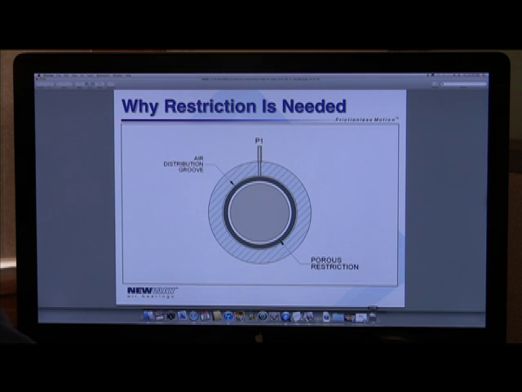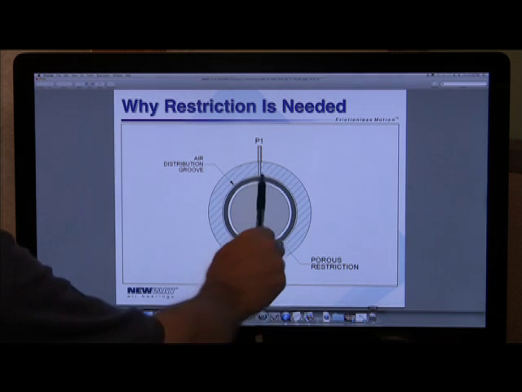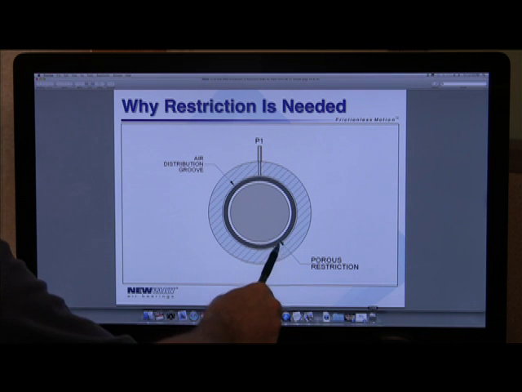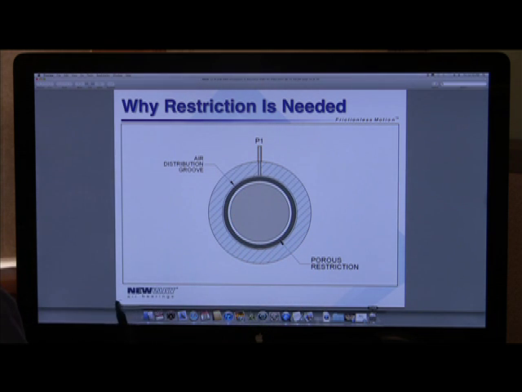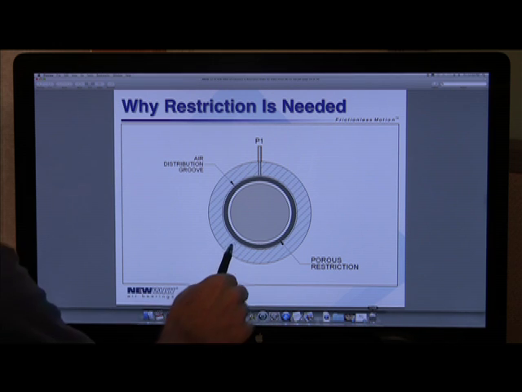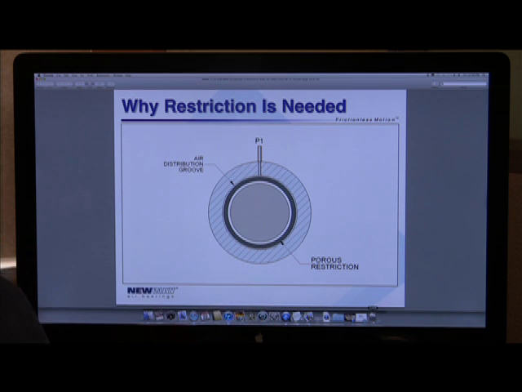So another way to do it, and it's the way we choose here at New Way, is a porous media restriction. So this damps the flow of air into the gap and gives us millions of evenly distributed orifices all the way around the 360 degrees. And it does the compensation right directly at the gap, which is really the best way to provide compensation.